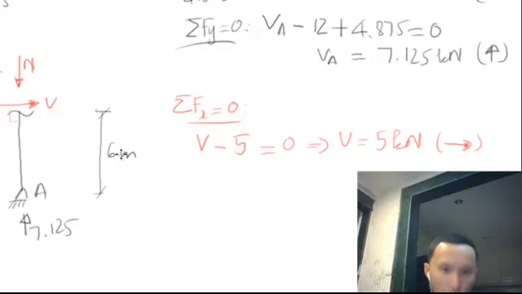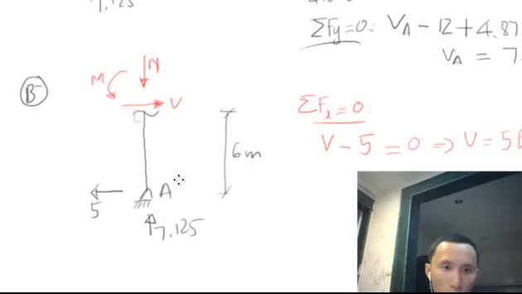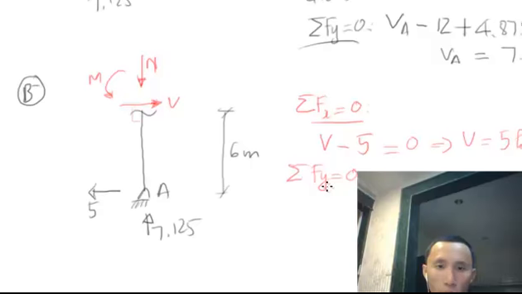Next we have this one and that one in the vertical direction. This is unknown and this is known, so we can get this one. Sigma Fy equal to 0.